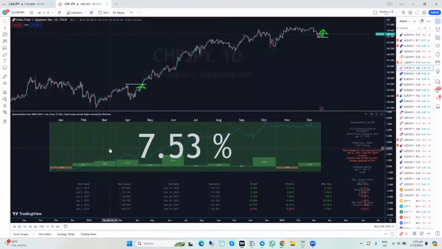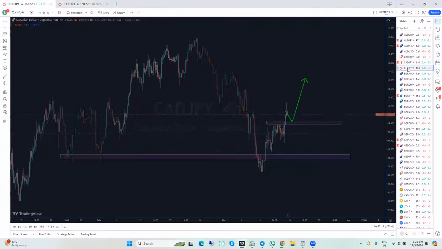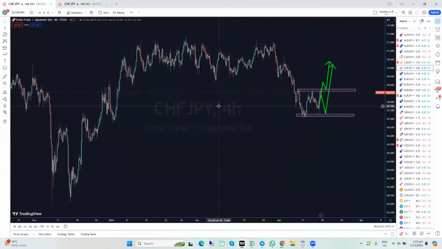Swiss Yen March, again, this is possibly another good place to enter. You can see that from February to October, very nice runs. Maybe see some retracement in May, July, and September. So let's have a look what Swiss Yen has for us. All right, let's have a look at Swiss Yen. Okay. Again, not a very nice chart to trade.